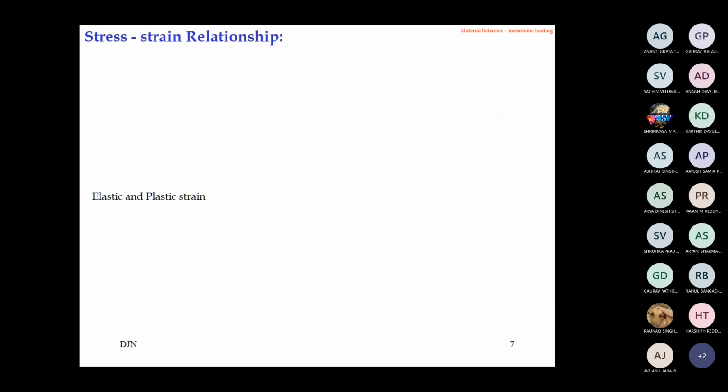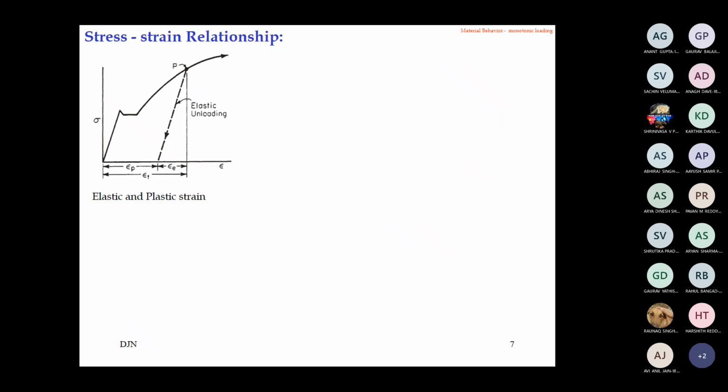Okay. Now what happens in the case of the engineering stress strain curve? This is the simple monotonic stress strain curve which you have seen in your strength of materials or material science and metallurgy classes.